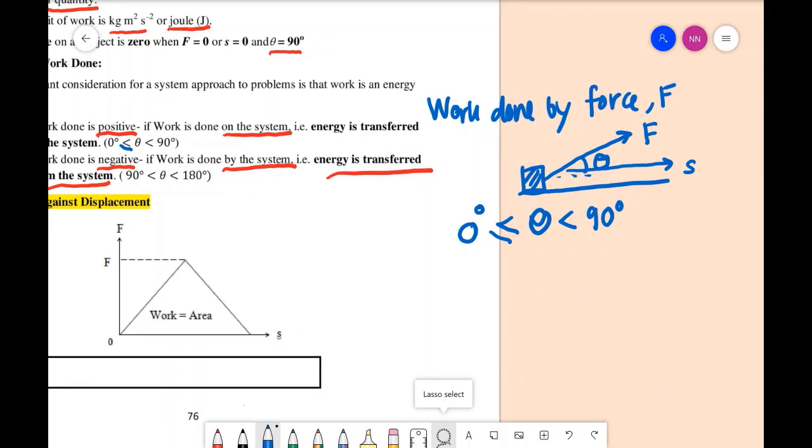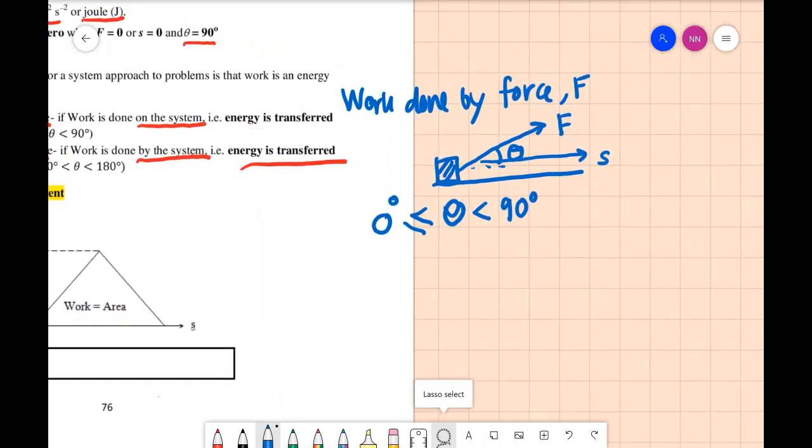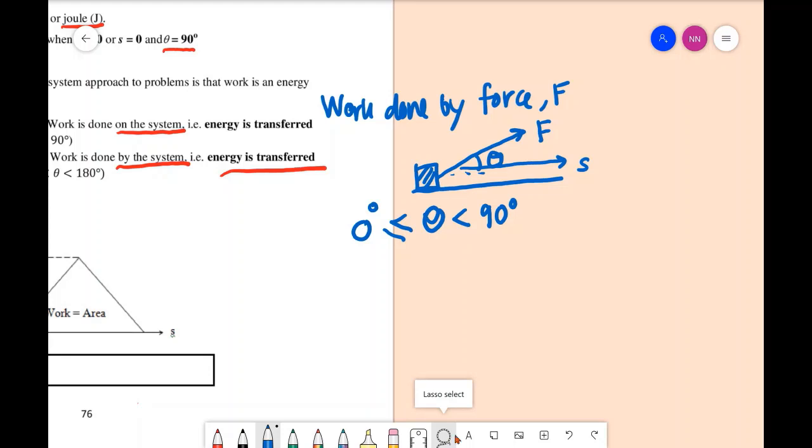If theta is 90 degrees, work done is 0. When theta is 0 degrees, work done is maximum. That means the force F is parallel to the displacement. It is like this: this is the object, this is maybe the floor, and F is parallel to the displacement.